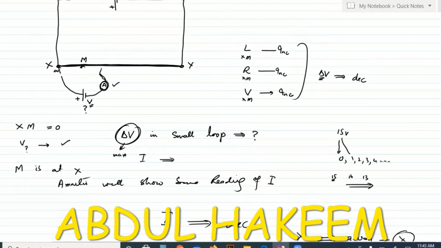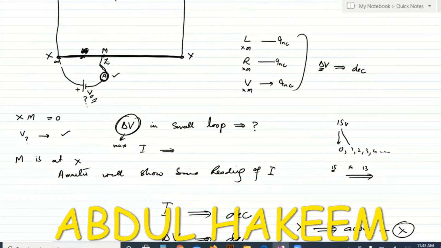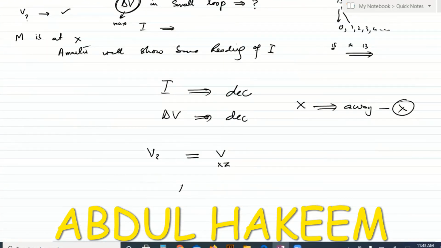Now suppose when this movable contact M is placed at this point, say this is point Z, then the potential of the unknown cell becomes equal to the potential of X and Z. Suppose the potential of the unknown cell equals the potential of this length XZ, then the potential difference will be 0.